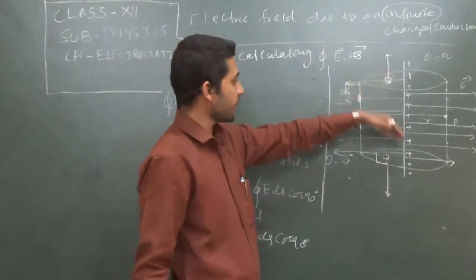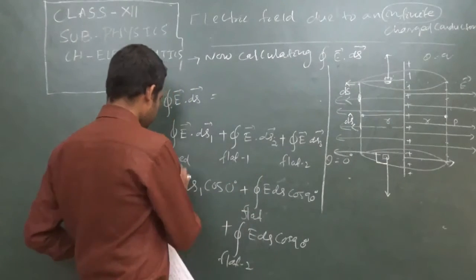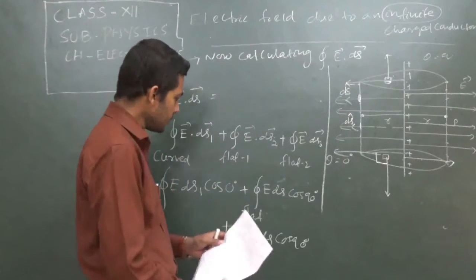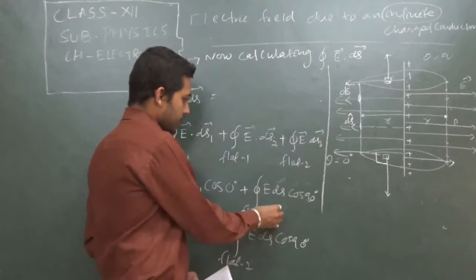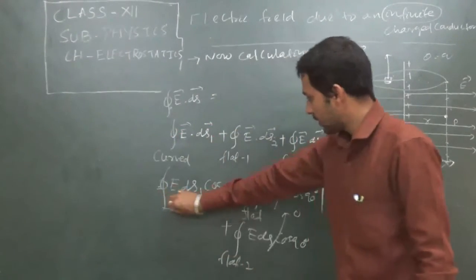Both the flat surfaces have 90 degrees with the electric field, whereas only the curved one has 0. So this will become 0, this will become 0, only this part remains.